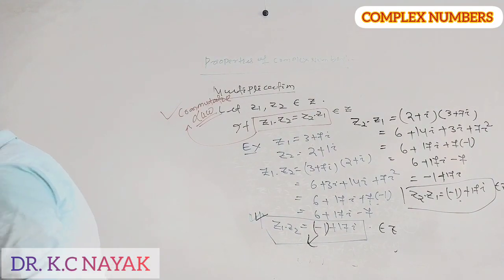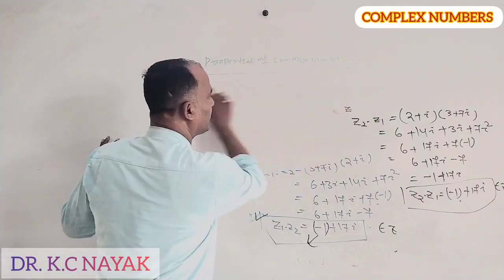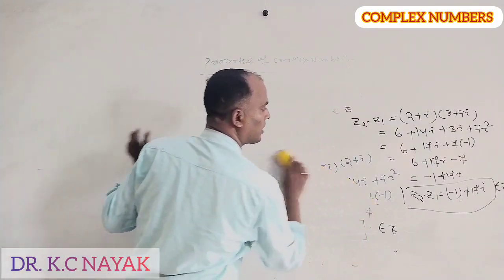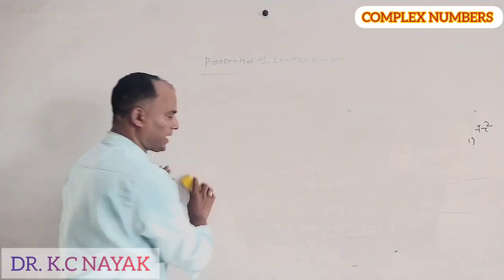After completion of the multiplication rule, another discussion is the associative rule in case of multiplication. What is associative law?